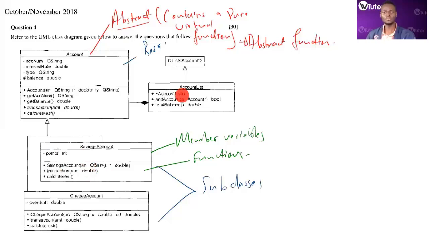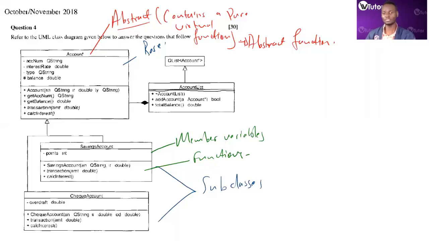And sometimes if you look at this one, you don't see it divided into 2 because it doesn't have any member variables, therefore it only has functions. Sometimes they do draw this with another line here, just to show you that we haven't forgotten that it should be divided into 2 sections. But sometimes they just write it the way it is here, and you know that it's because there are no member variables.